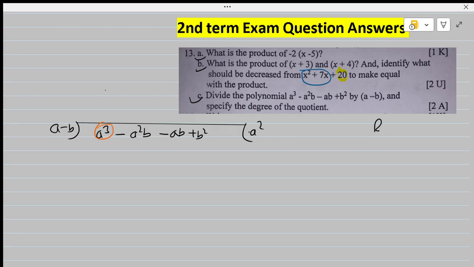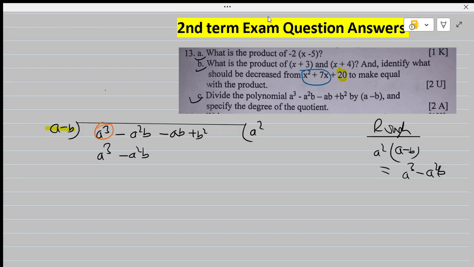If you get confused, you can do it in the long form. So a square we have kept, and that a square you multiply with the divisor a minus b, so you get a cube minus a square b.